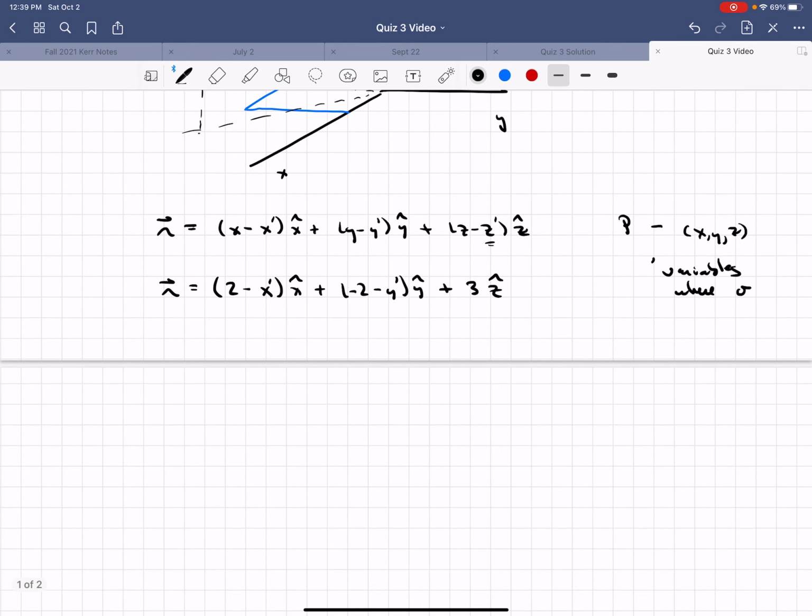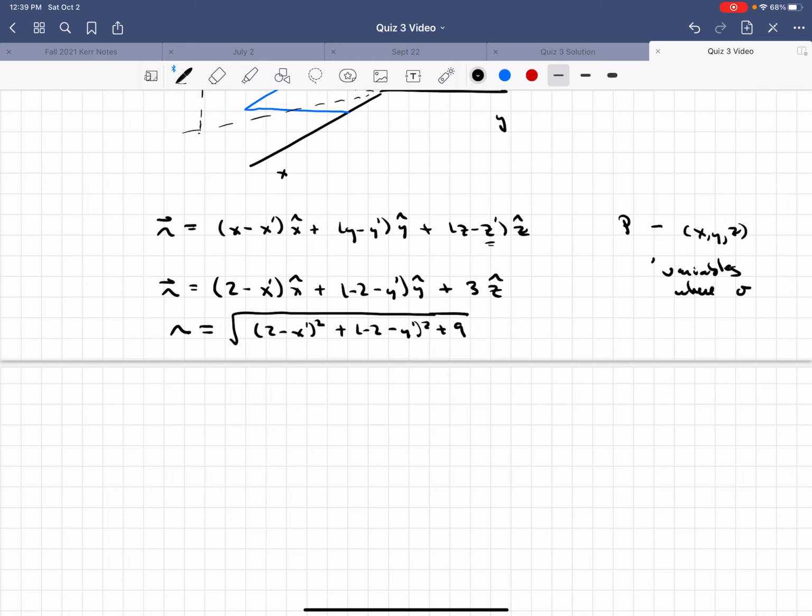And then the magnitude of the separation vector is the length of this vector. So that's the square root of (2 minus x prime) squared plus (-2 minus y prime) squared plus 9.